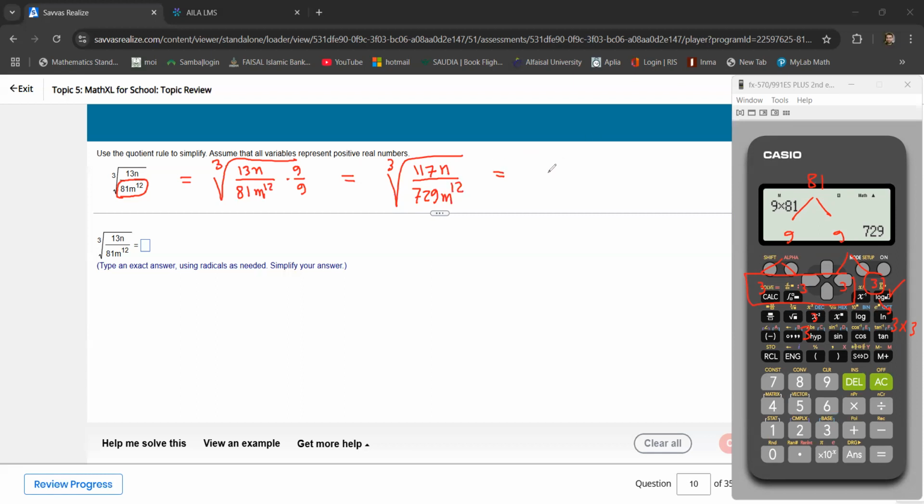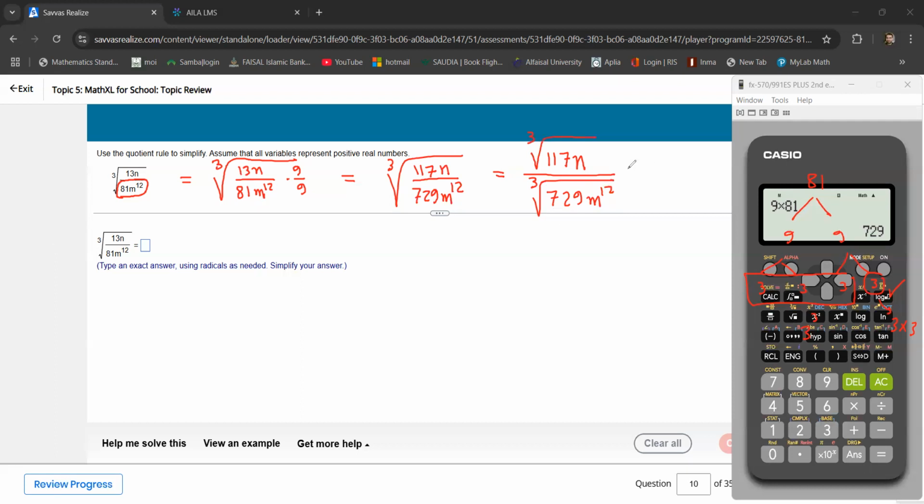Now it's ready so that we can put the cubic root up in the numerator, 117n, and the cubic root down in the denominator, 729 m to the power of 12. And we are sure that we can evaluate the cubic root of the denominator.